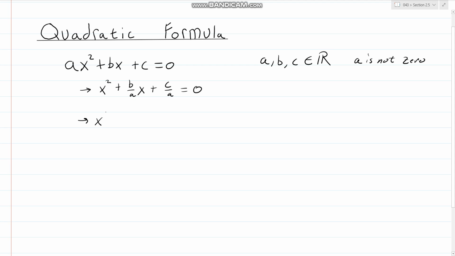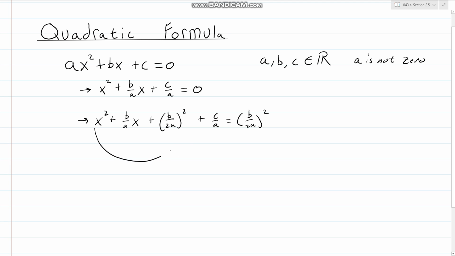I need to take that middle term there, b over a x, and I need to make that term that will make this a perfect square, so I have to divide by 2, and then I have to square it. I still have c over a equals 0. Oh, it no longer equals 0. It equals b over 2a squared now. I have to add it to both sides.